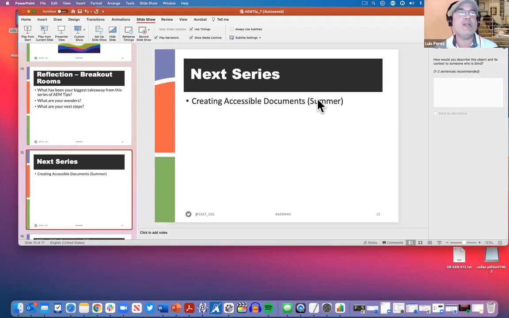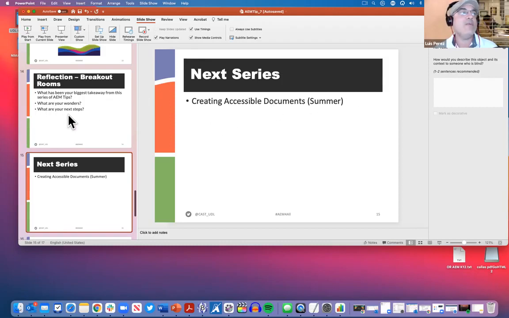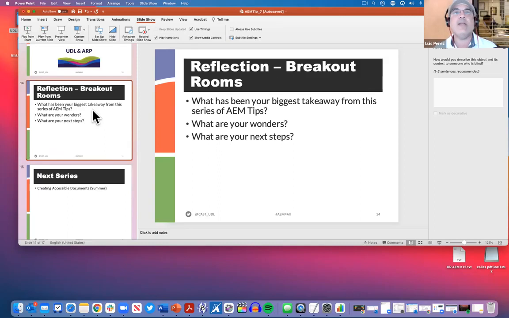Let me first share the prompt, and then I will break you out into these rooms for a few minutes. What has been your biggest takeaway from this series? What are the aha moments that you've had that you want to share with others in your group and then with the cohort as a whole? What are your wonders, the things that you still have some questions about? And finally, what are your next steps?